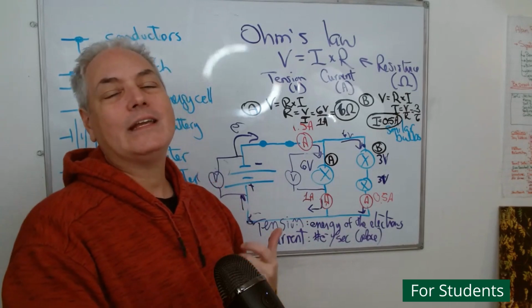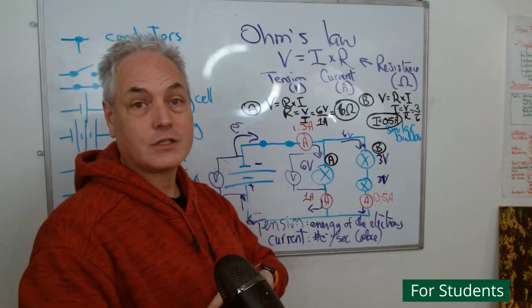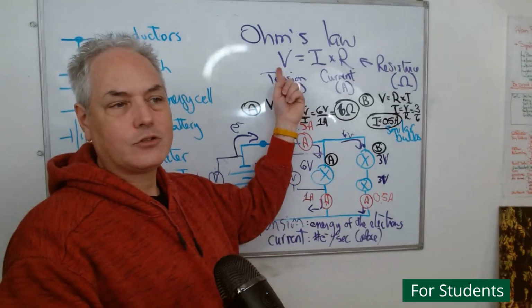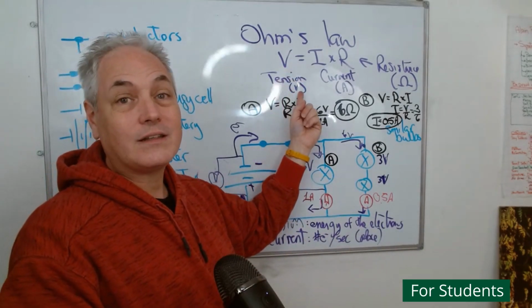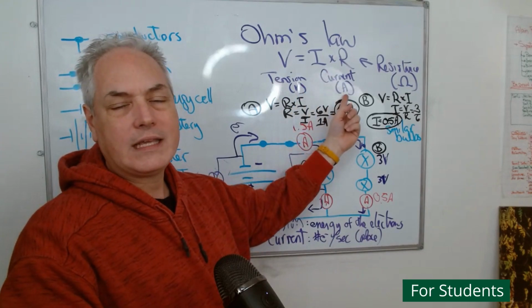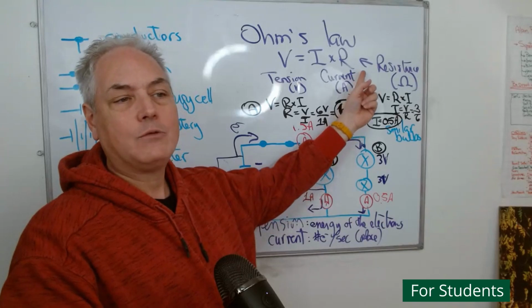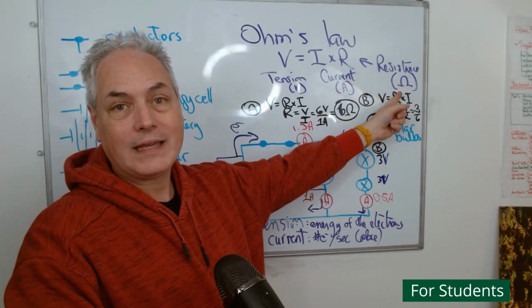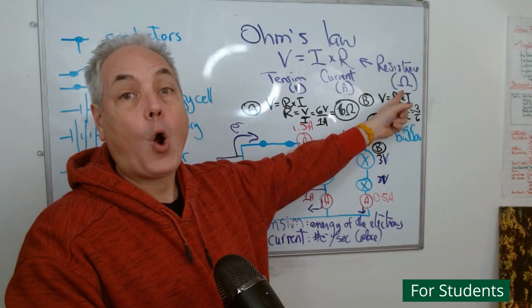If it's a heater, it will transform the energy of the electrons in the circuit into heat. Now, what's interesting here, we have the tension with the units V in volt, times the current with the units of amp, and we have the resistance. And here we have the symbol, which is the omega, that represents ohms.